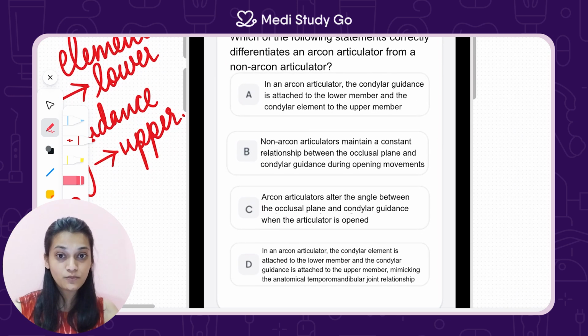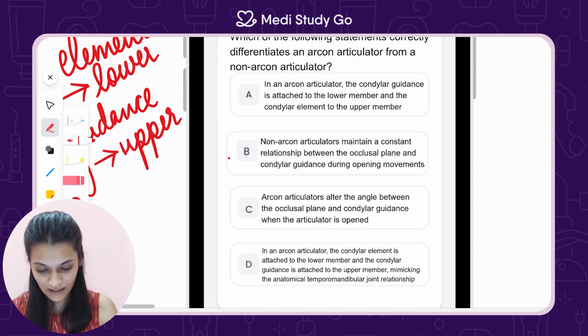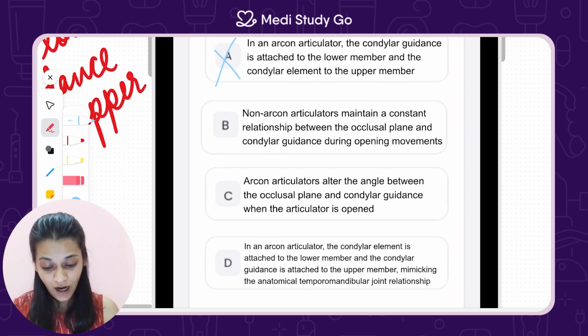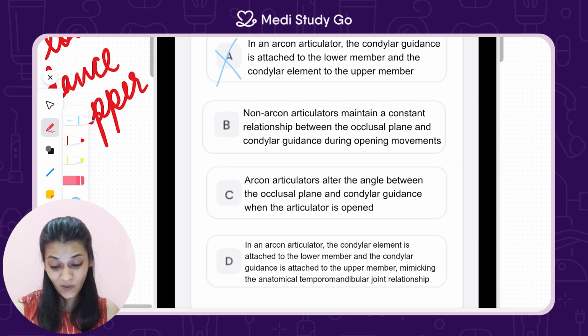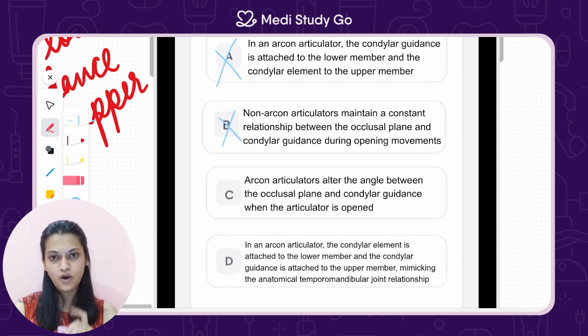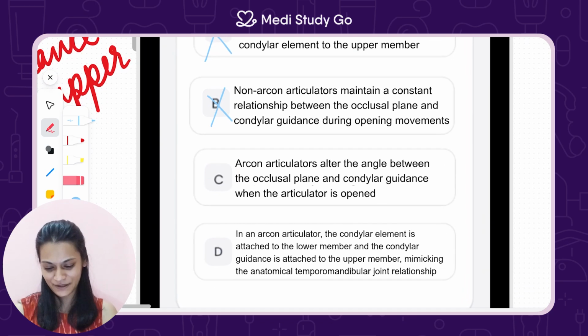So let's figure out which option says that condylar guidance is attached to lower. That's wrong. So I'm going to eliminate this option. Arcon maintains constant relationship between occlusal plane and condylar guidance during opening movement. No, non-arcon does not. Arcon does. I told the correct statement.